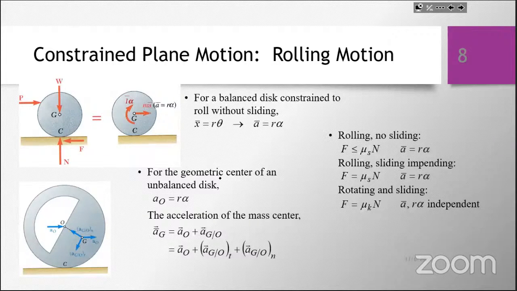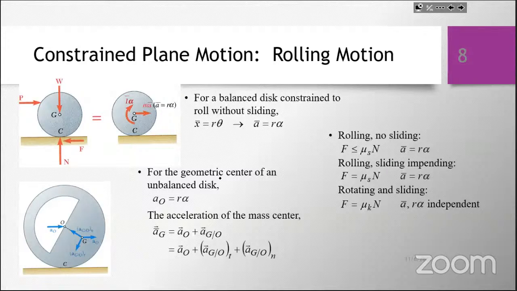All right, so there are some special cases. We've got rolling without slipping, rolling with no sliding. And rolling with no sliding tells us that our frictional force is less than or equal to mu sub s times N. So if you have friction that is less than or equal to the maximum friction, which is mu sub s times N, then we are going to be rolling without slipping.